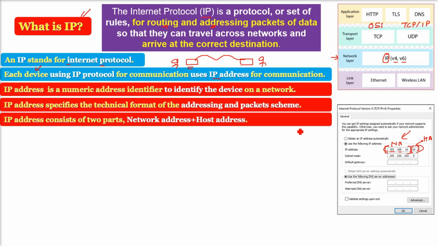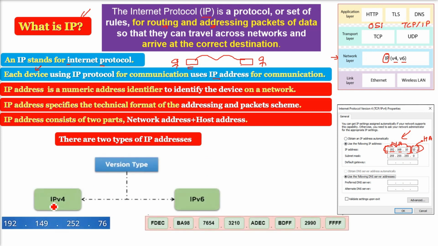When you send a packet, it will go through all the networks and finally it will go to the host. Which network it will go to is decided by the network address, and finally your system, which is your host address. We have already discussed there are two types of IP addresses, IP version 4 and IP version 6. IP stands for Internet Protocol only.